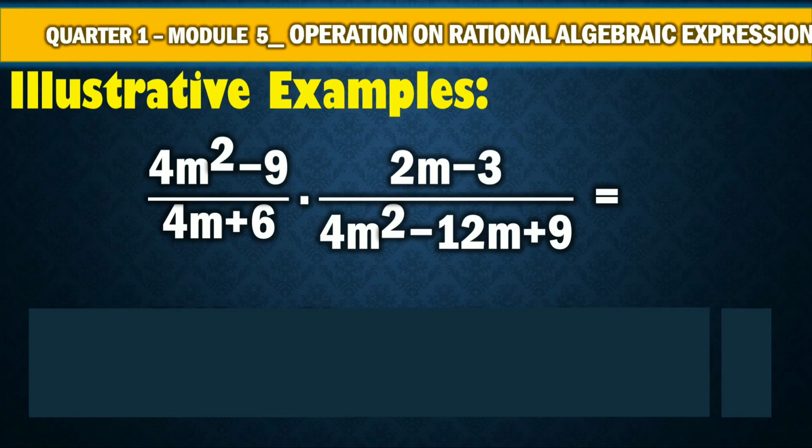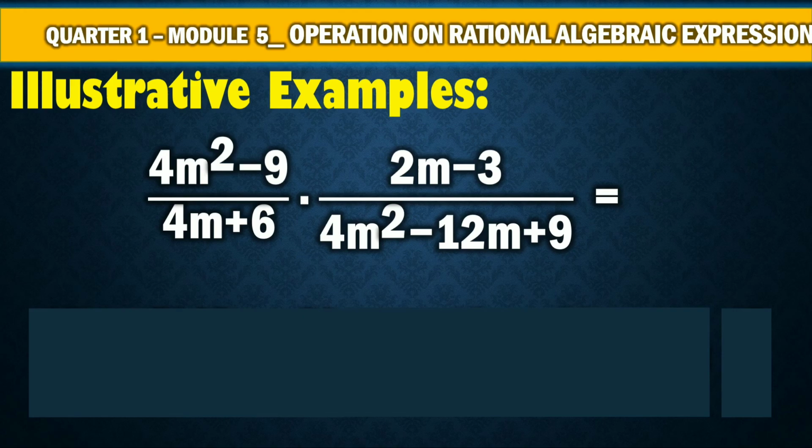Okay, so let's have example number 2. 4m squared minus 9 all over 4m plus 6 times 2m minus 3 all over 4m squared minus 12m plus 9. First, i-factor muna natin yung expressions natin para ma-simplify.